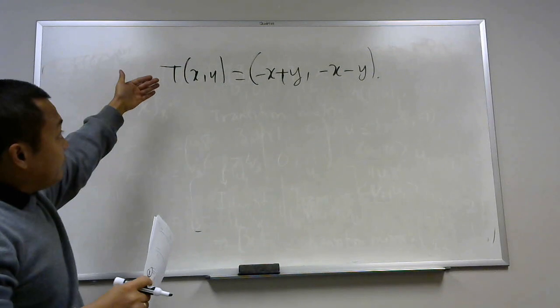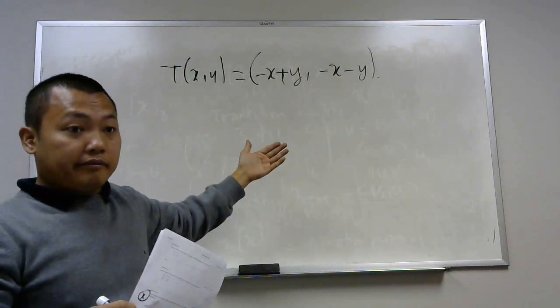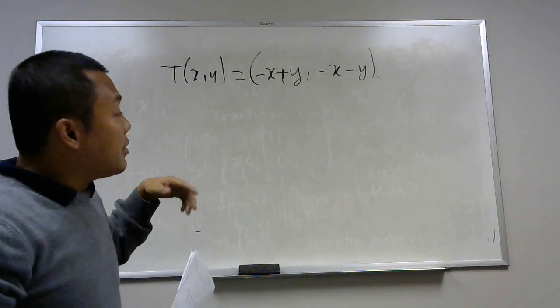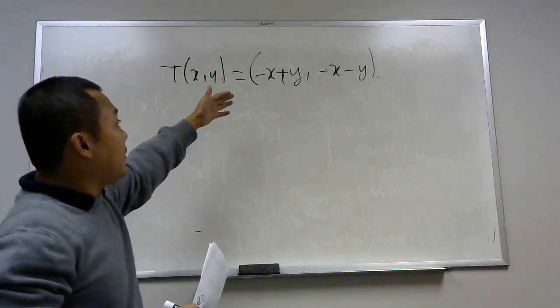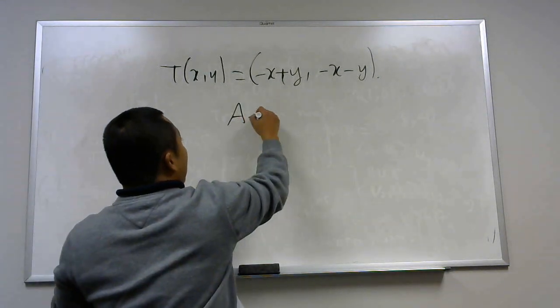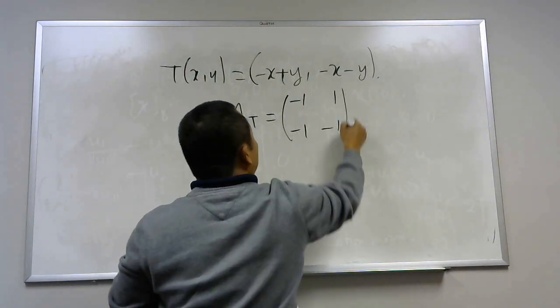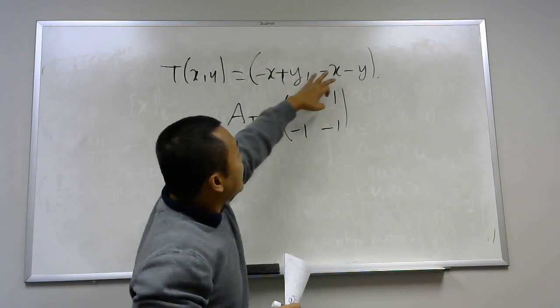Okay, let's remind ourselves about that. We know that for each linear transformation, there is one and only one matrix, right? We call it the representation of that linear transformation. And from here, we have matrix A. I call A_T equal to -1, 1, -1, and -1. So I take the coefficients -1, 1, and here -1, -1.